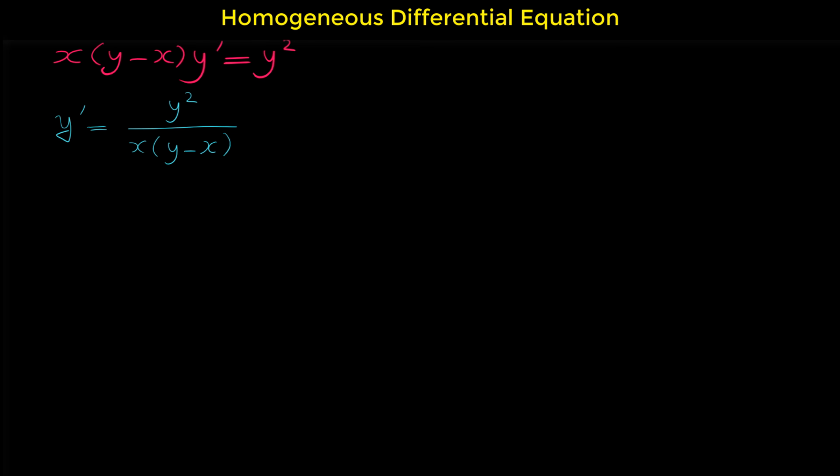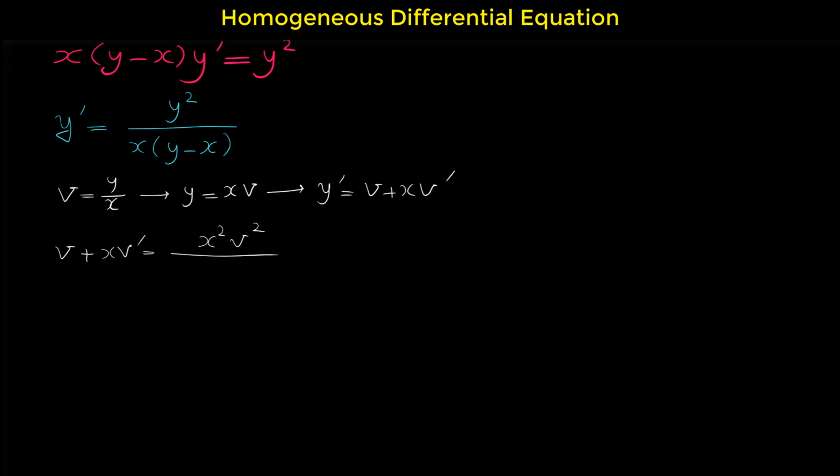So we suppose v to be y over x. Y is xv. And from here, y prime is v plus x v prime. The same process again happens. We replace y prime with this. So we have v plus x v prime equals, note that here we can replace y with xv, so y² is x² v².